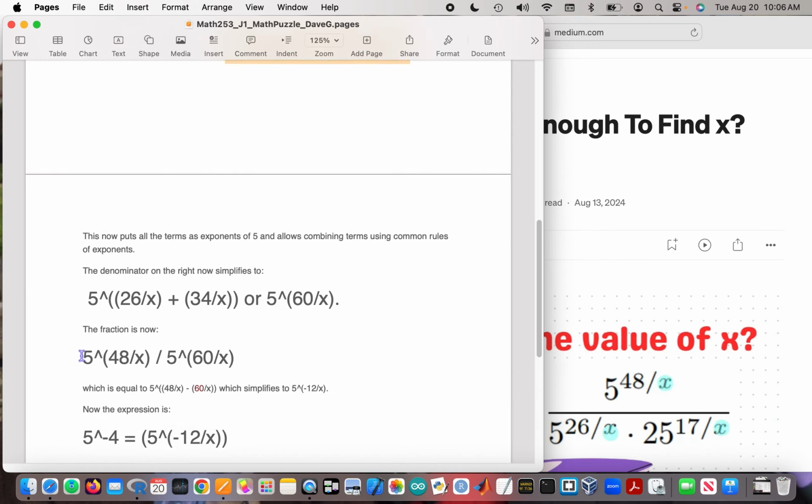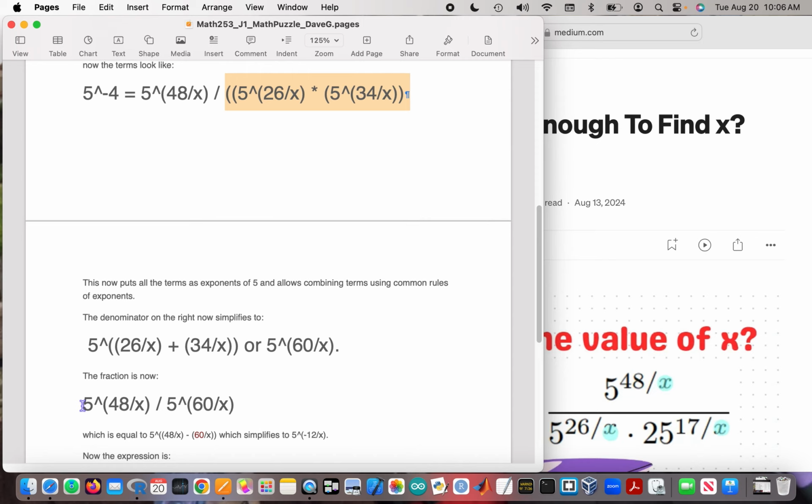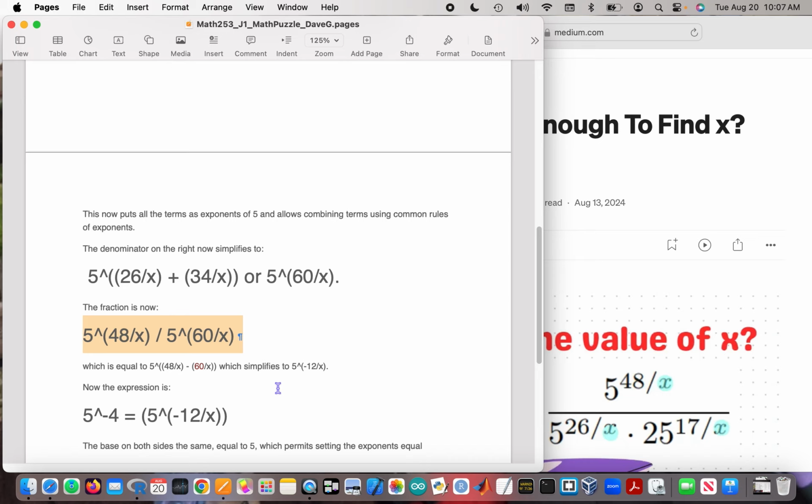The fraction on the right is now simplified as 5 to the power of 48 over x divided by 5 to the power of 60 over x, or 5 to the power of 48 over x minus 60 over x, or 5 to the power of negative 12 over x.